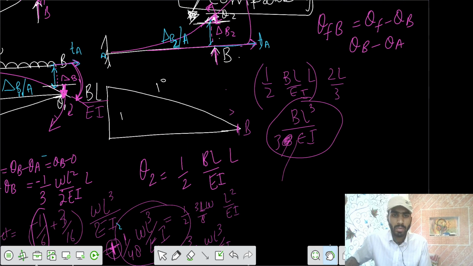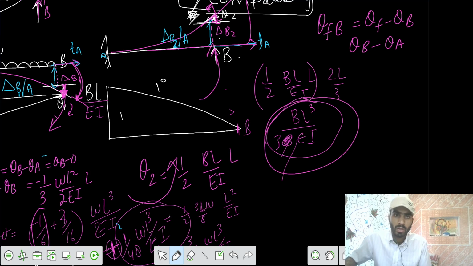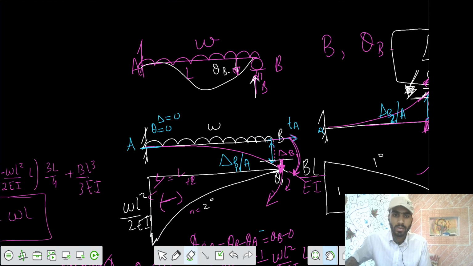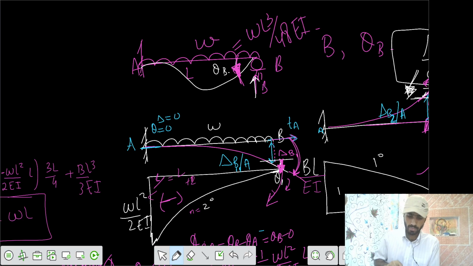That means the final net value has to be anti-clockwise, because this term was positive, and positive means it was anti-clockwise. So the final value should be anti-clockwise theta. So from the analysis also, we can say theta B is the net value of WL cube by 48 EI.